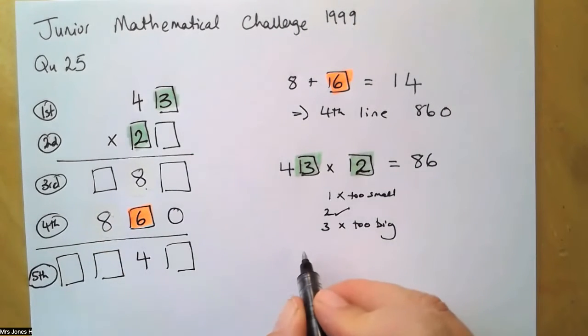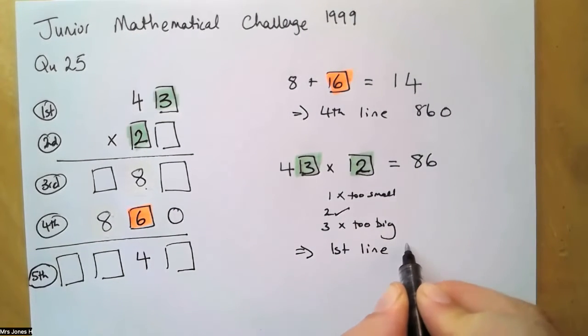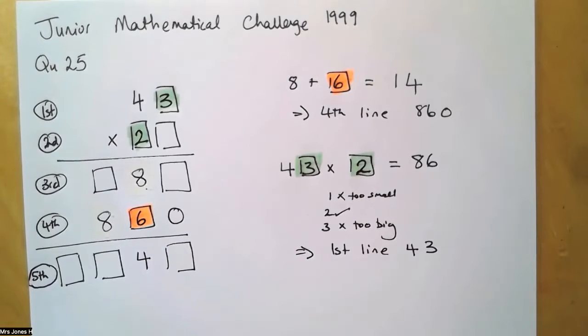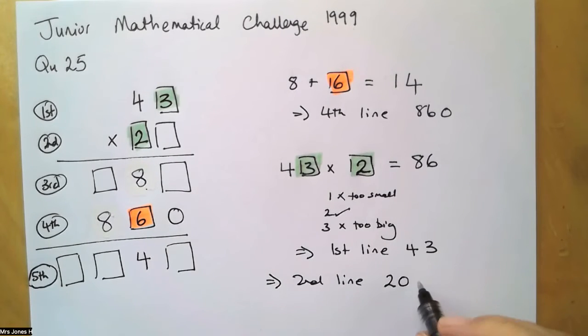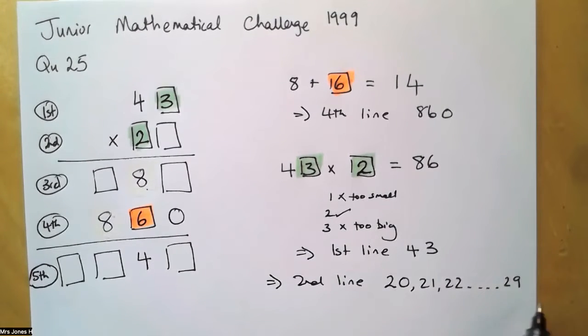So we have the first line is 43. And then the second line is going to be 20 something. So it could be 20, it could be 21, it could be 22, all the way up to possibly 29. So it's going to have something with the digit 0 to 9.